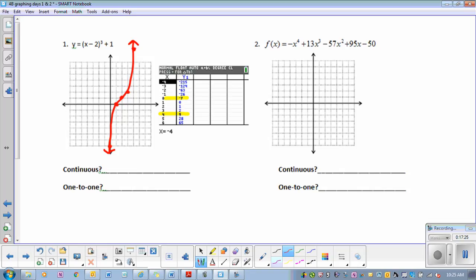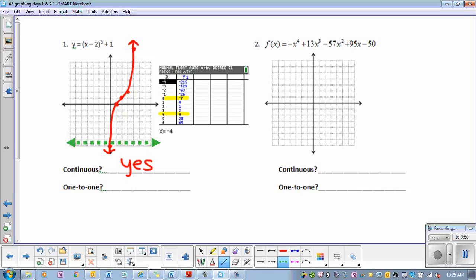Now, is this continuous? Guys, do you see any gaps or holes or breaks in this graph? No. So you know what? It's continuous because we don't have any breaks. Just continues on. We can trace it with our finger without picking up our finger, right? Now, is this one-to-one?